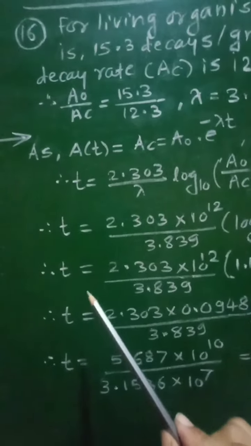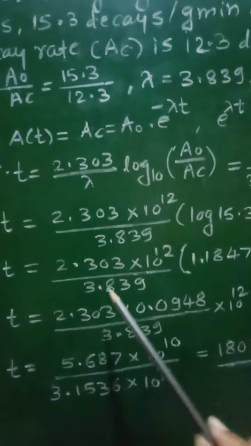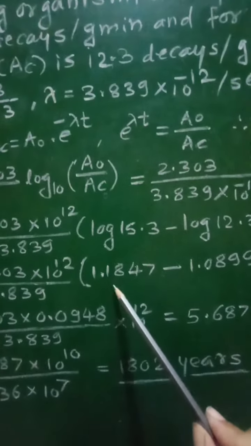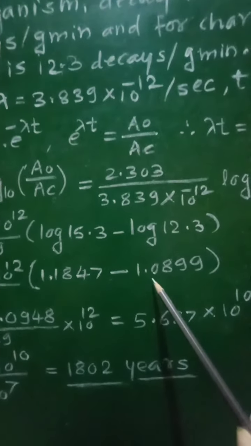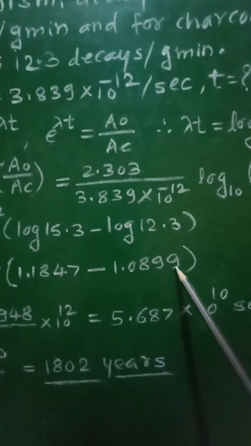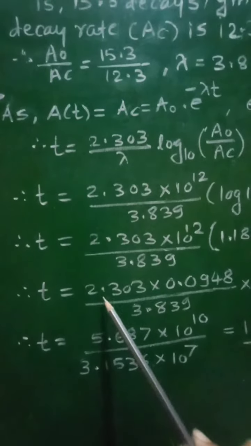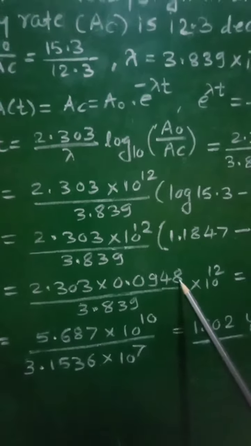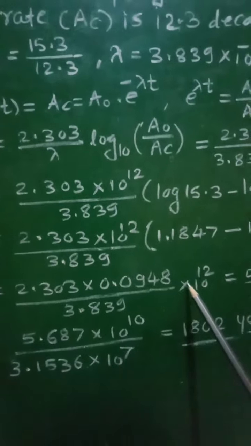Taking logs, we write 1.1847 minus 1.0899. Simplifying this, we get t is equal to 2.303 into 0.0948 divided by 3.839 into 10 raised to 12.